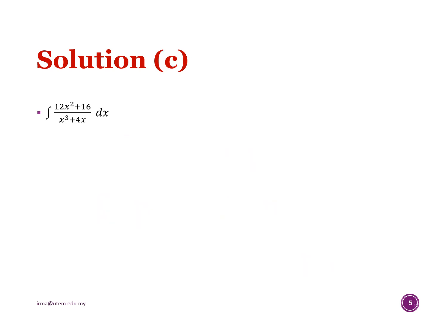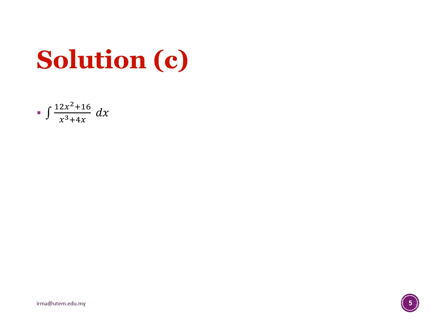For question C, we have 12x squared plus 16 over x cubed plus 4x as the function that we need to integrate. Again, this is a fraction. If you see the function, the numerator has order 2, x squared, and the denominator is x cubed, so the order is 3.